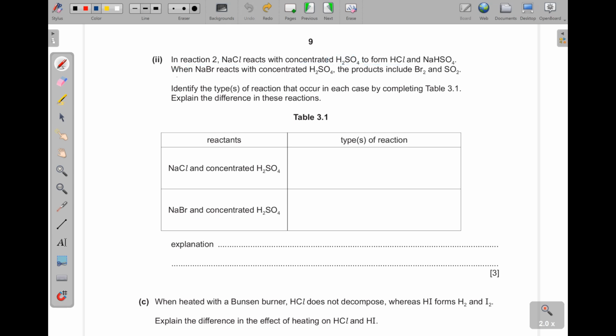Then, when sodium bromide reacts with concentrated sulfuric acid, the products include bromine and sulfur dioxide. So the hydrogen bromide, which would have been formed here, is broken further. Because as you go down the group, these become more of reducing agents, and sulfuric acid is a stronger oxidizing agent.